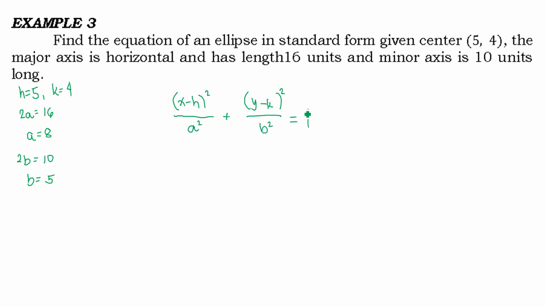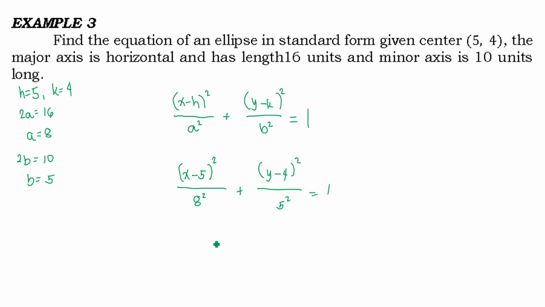So, here, substitute, we have the squared quantity of x minus 5 over a, which is 8. So 8 squared plus the squared quantity of y minus 4 over 5 squared equals 1.